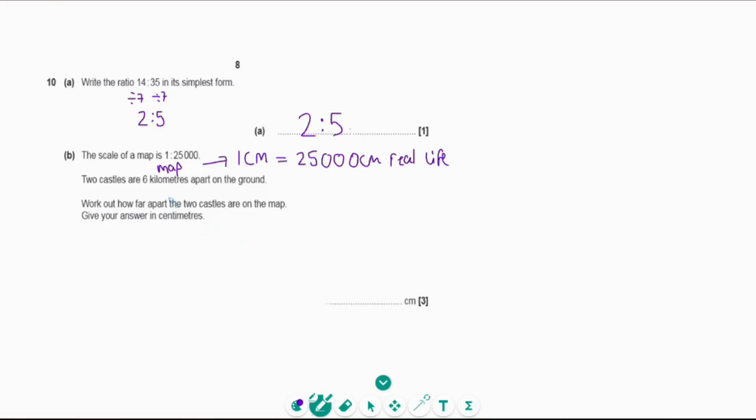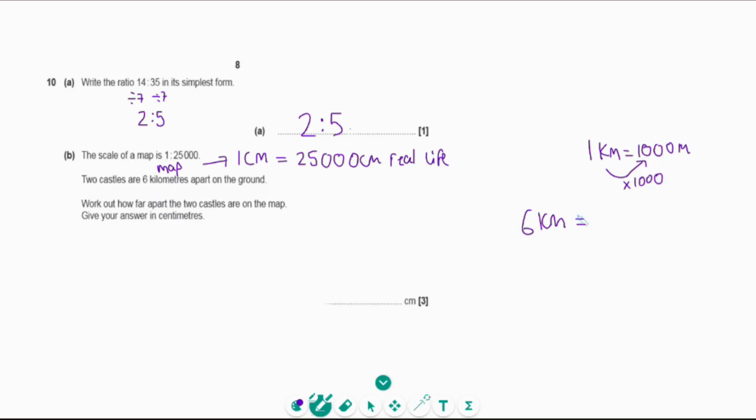We've got inconsistent units first of all. So 6 kilometres, I am going to convert into centimetres. So 1 kilometre is 1,000 metres. So now I know if I times kilometres by 1,000, we get metres.